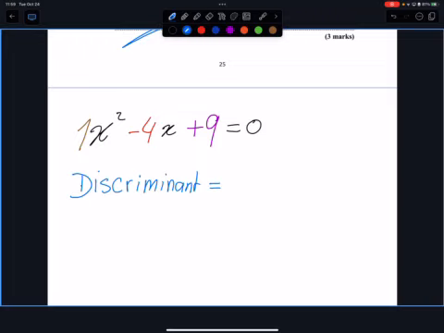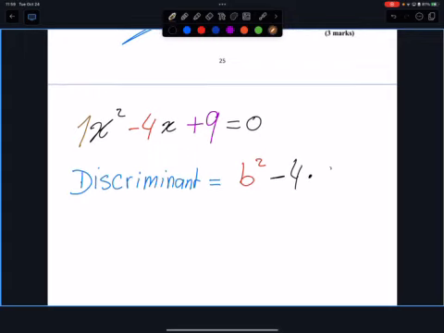The formula of the discriminant is b squared subtract 4 times a times c. Remember, this formula is in the book, so you don't need to memorize it. It's always on the cover page. You only need to know how to use it.